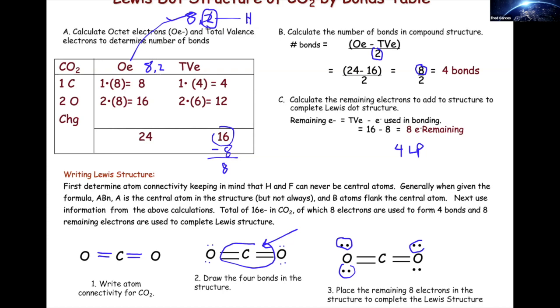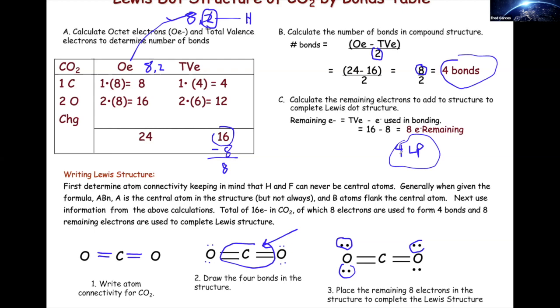For this structure right here, that's our Lewis structure. This little trick called the bond table always works, because even if you don't have the structure, you already know how many bonds and how many lone pairs you have in that chemical.